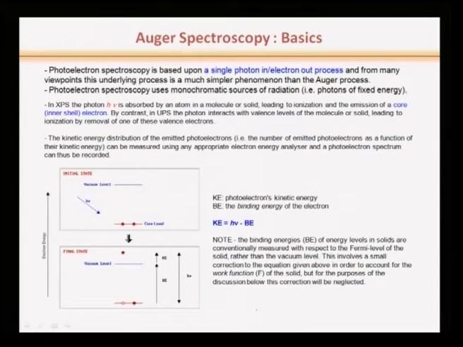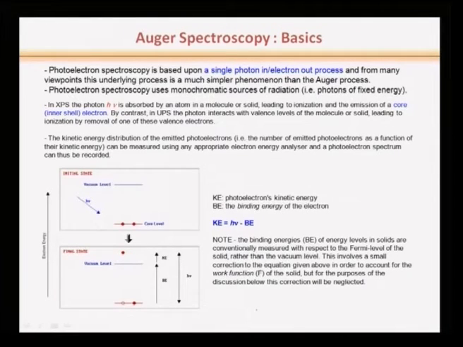The second technique which we will discuss in detail is Auger. Auger is a little different, but its electrons come from a much lower surface depth than in XPS. Photoelectron spectroscopy is based on a single photon in, electron out process.